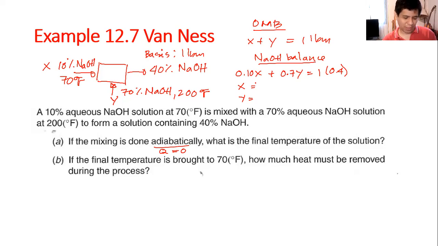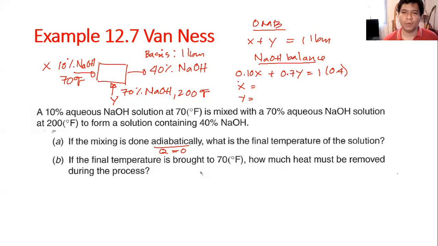Diba? Tapos 1 pound mass. Tapos yung susunod, 0.1 yung x, tapos 0.7 yung y, tapos is equal to 0.4. Diba? Pag napasok nyo na yan, you will have x is equals to 1/2 pound and y is 1/2 pound. Do you have any question?